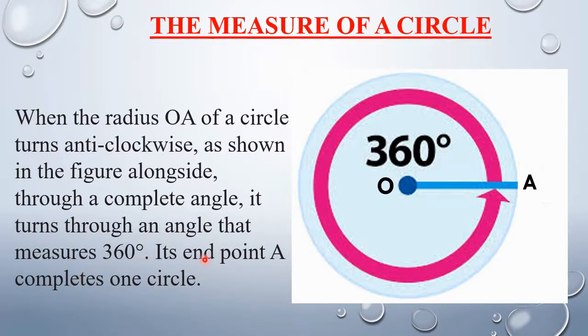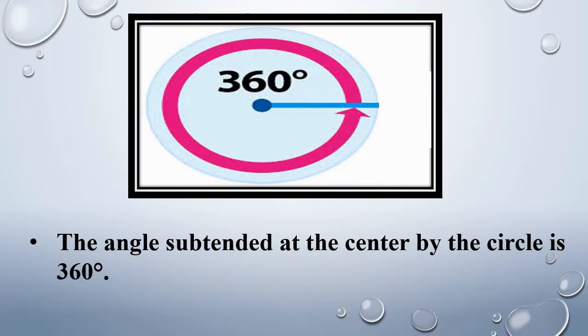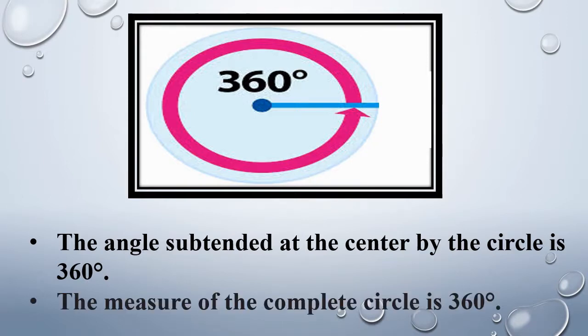Its endpoint A completes the one circle. Here this is the endpoint and this completes the whole circle. Let's see this figure. The angle subtended at the center by the circle is 360 degrees. The measure of the complete circle is 360 degrees.